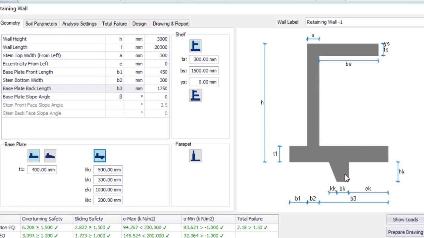So let's try to adjust the dimensions of the shear key. Let me say the height of the heel beam is 600. Then the width is 300. Then ek is the distance from here to here. I think that should be 2.5.